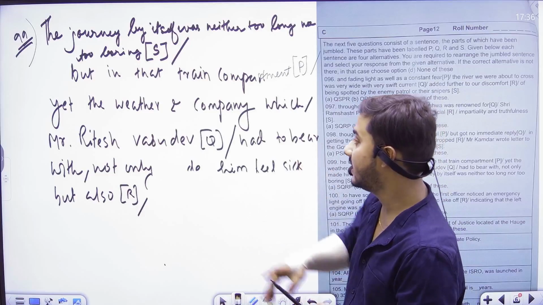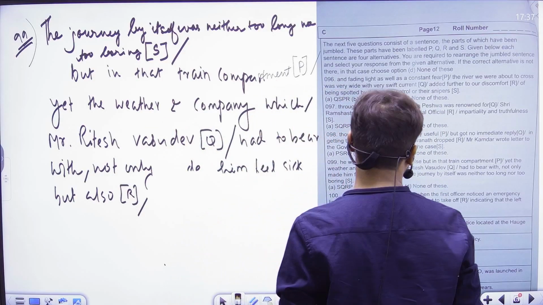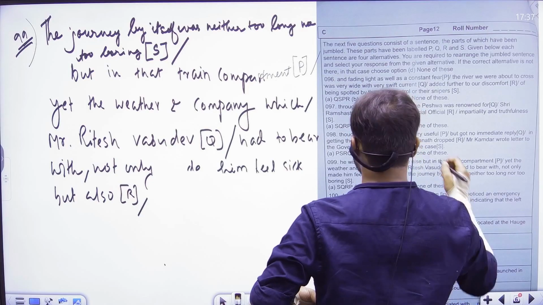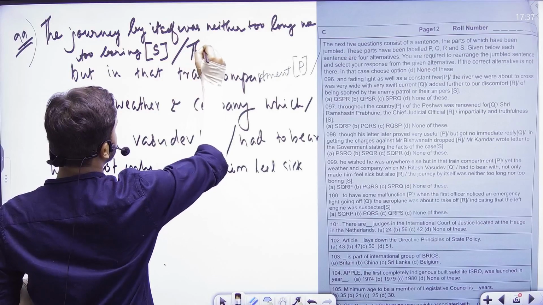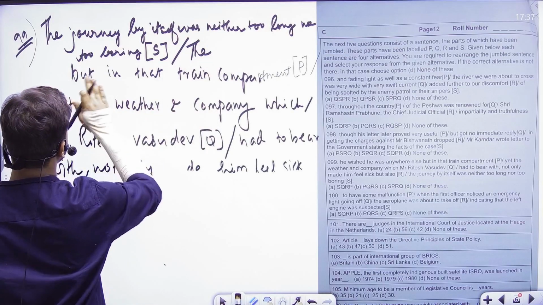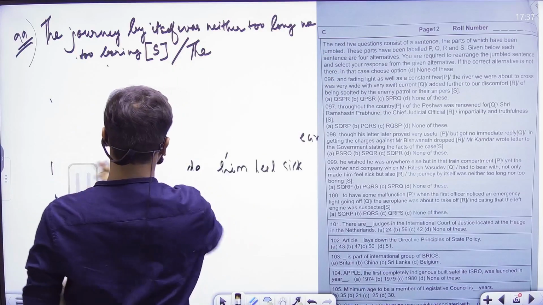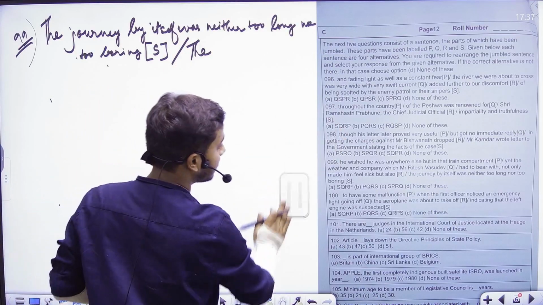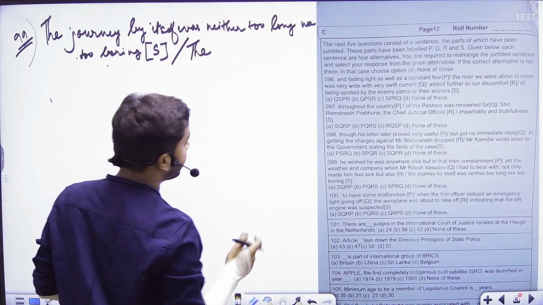तो ये सेक्शन हम लेंगे yet the weather and company. So ये हो गया सेक्शन नंबर Q. The weather, yet the weather and company which Mr. Ritesh Vasudev.